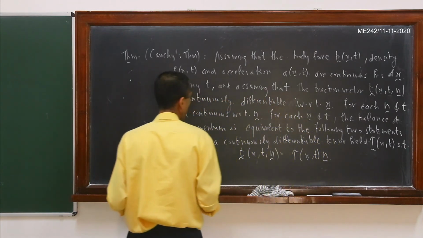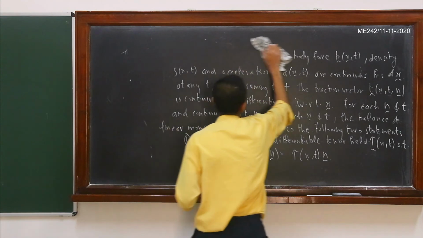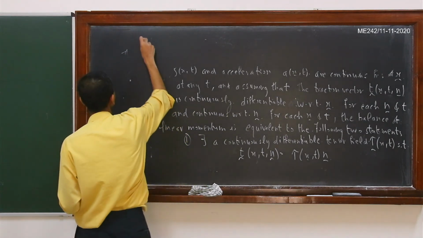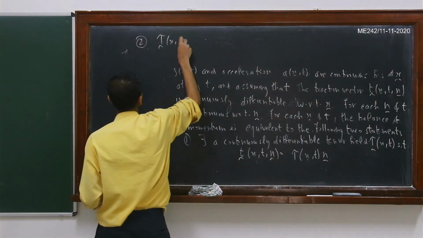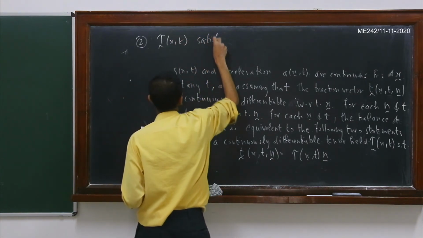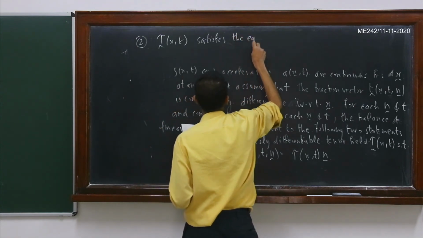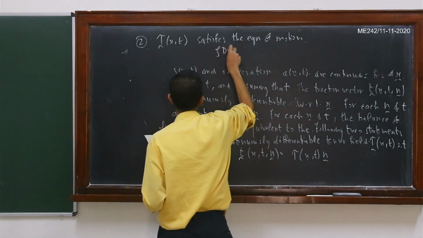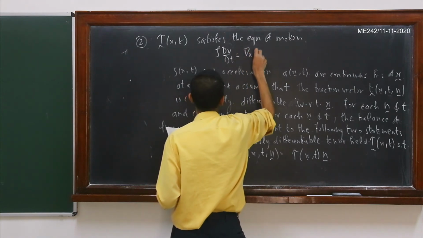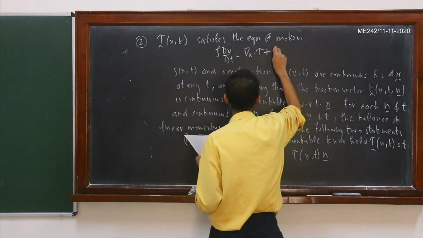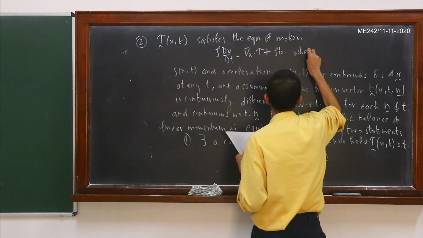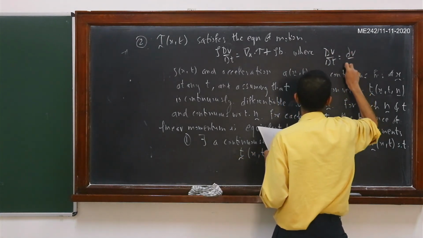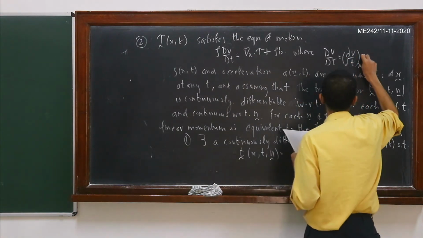And two, tau of x, t satisfies the equation of motion, which is rho times dv by dt equal to del dot tau plus rho b, where this dv by dt is del v by del t, keeping x fixed, plus del v times v.